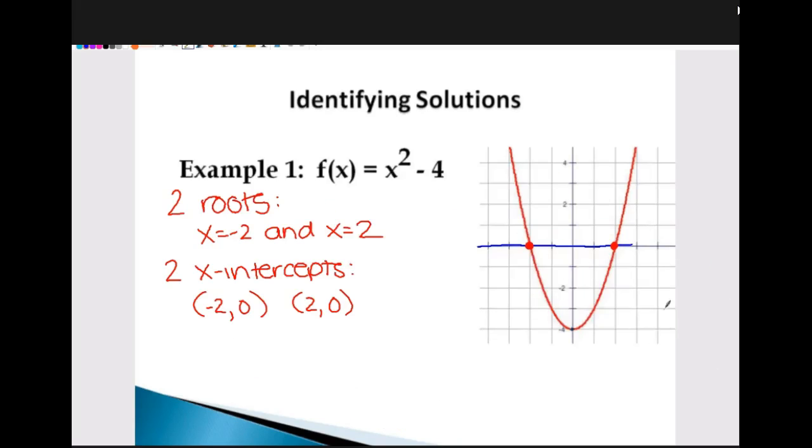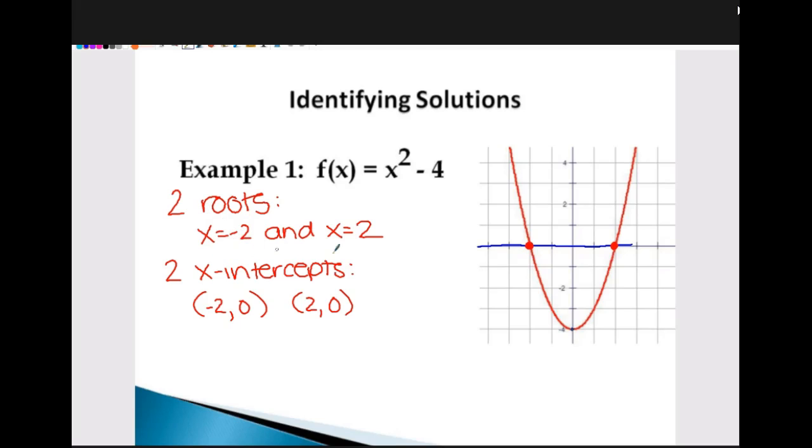So in the next example graph, that graph crosses twice. Therefore, you have 2 roots at -2 and 2. Another word for roots is x-intercepts. So in the past, I've asked you for the x-intercepts.